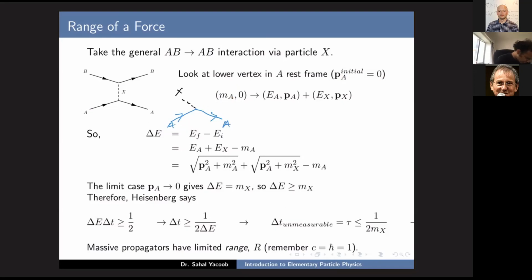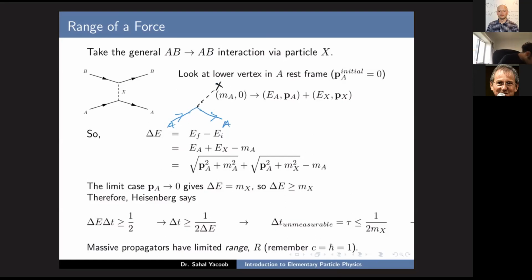hang on a second, I might have done this entirely the wrong way. Let me think about this. Yep, that will make a bit more sense the other way. I'm sorry, I got ahead of myself. We have our initial state particle, and it radiates off particle X. There we go.